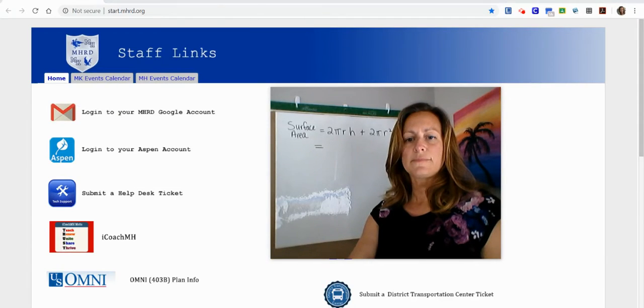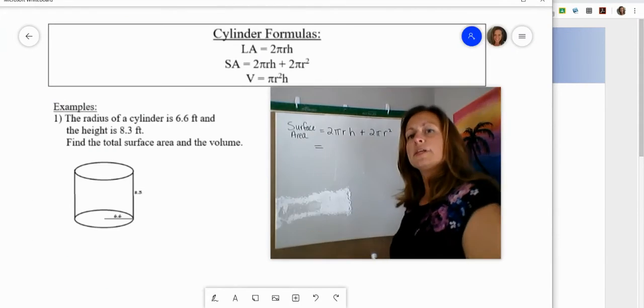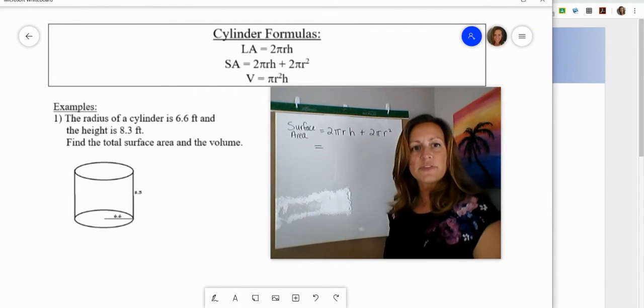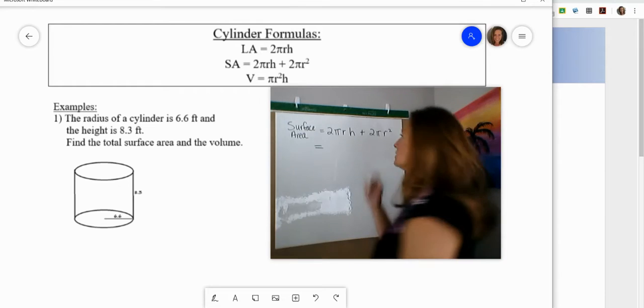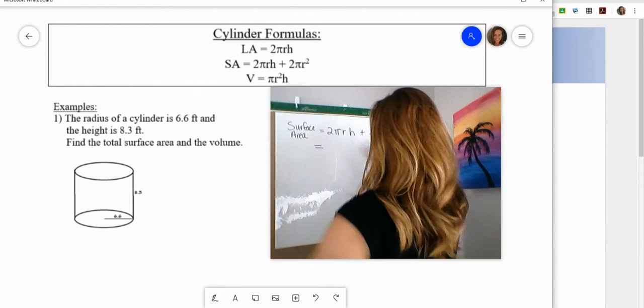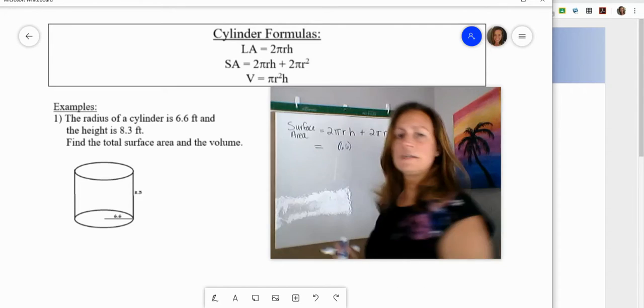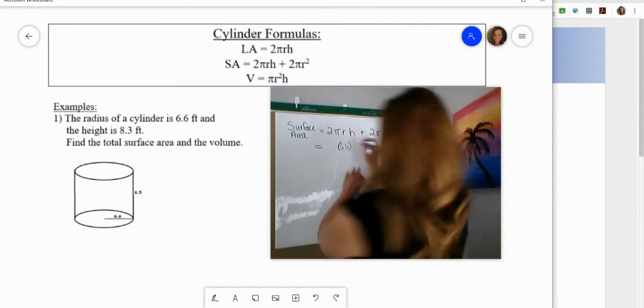All right, so here is the formula, 2 pi r h plus 2 pi r squared. We can identify from the problem that the radius is 6.6, so that's going to go in here. And the height of the cylinder is 8.3.